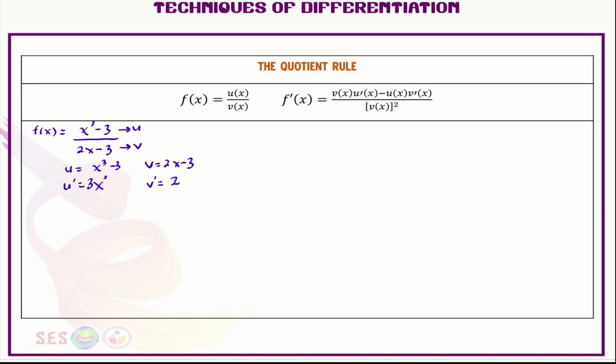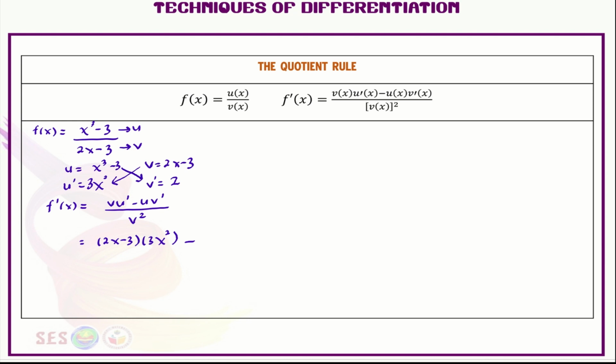So we have the formula f prime x equals (v u prime minus u v prime) divided by v squared. Substitute everything into the formula, where v u prime is 2x minus 3 times 3x squared, and then minus u v prime. The sign is minus for the quotient rule; plus is for the product rule.